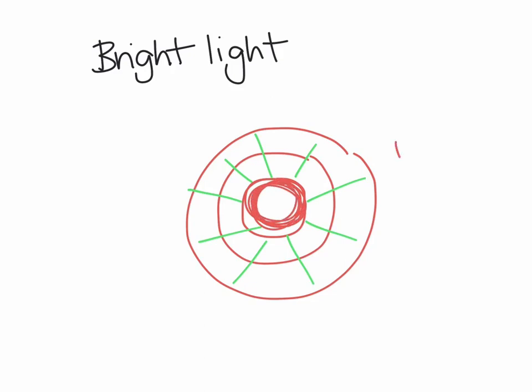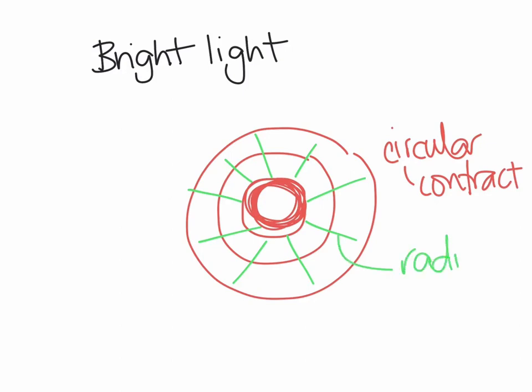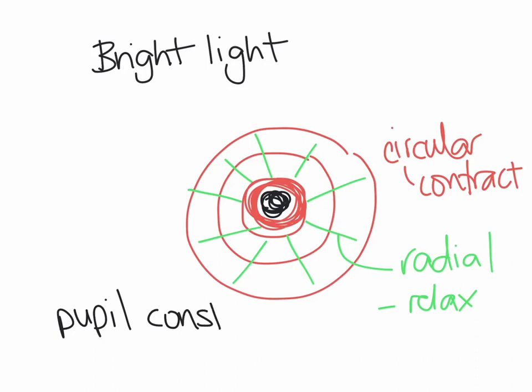So it's the circular muscles contract. And the radial muscles then have to do the opposite, which is relax. And as you can see, the pupil has got smaller, and we say that the pupil is constricted. And that means it's got smaller, it's going to let less light in and hopefully protect the eye. Okay, thank you.